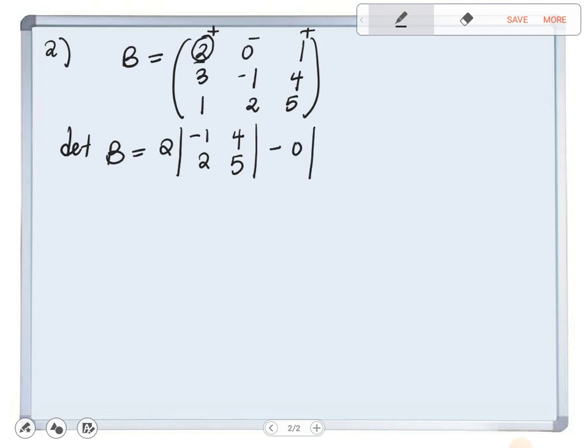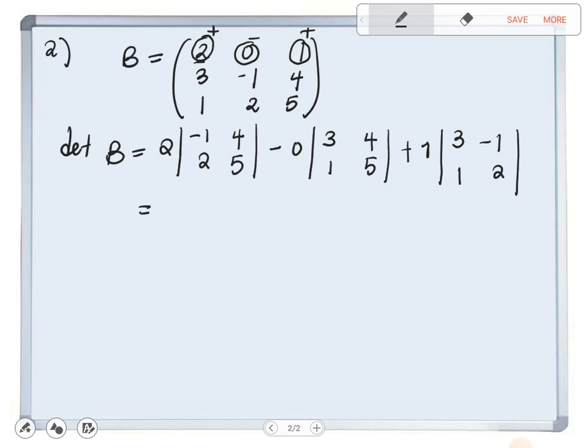We eliminate this column and that row, so we remain with 3, 1, 4, 5. Then go to plus 1. We eliminate this column here and that row, so we remain with this matrix: 3, 1, negative 1, and 2.